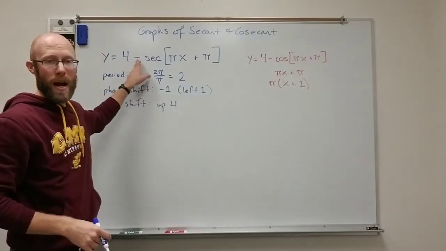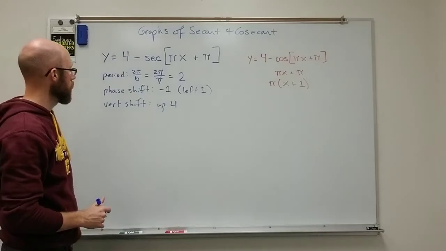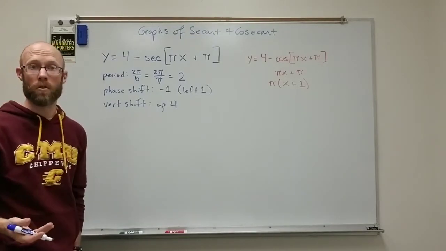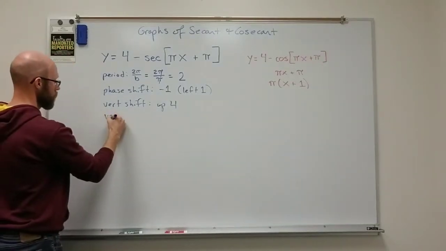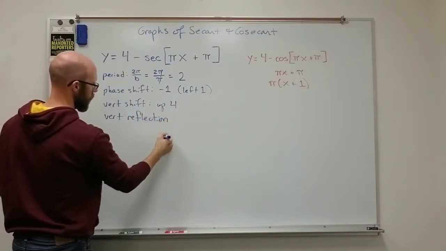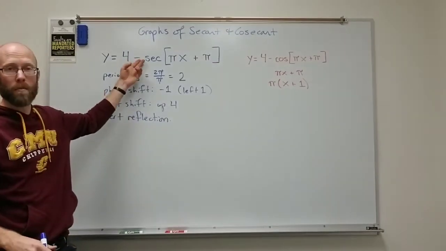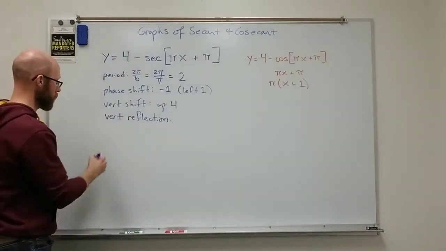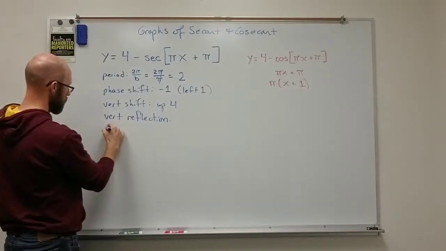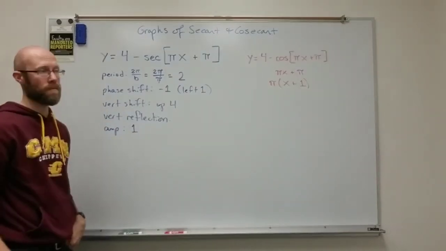And then we're subtracting the secant, so that's a negative coefficient on the secant, which creates a vertical reflection. Okay, so there's a vertical reflection on this graph. All right, but the amplitude is 1 because it's the absolute value of that coefficient. So amplitude is just your 1.